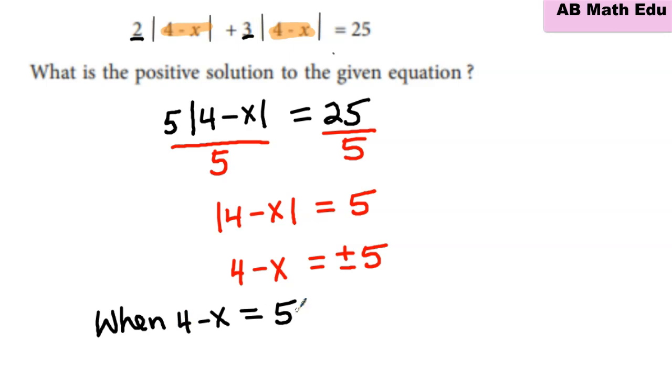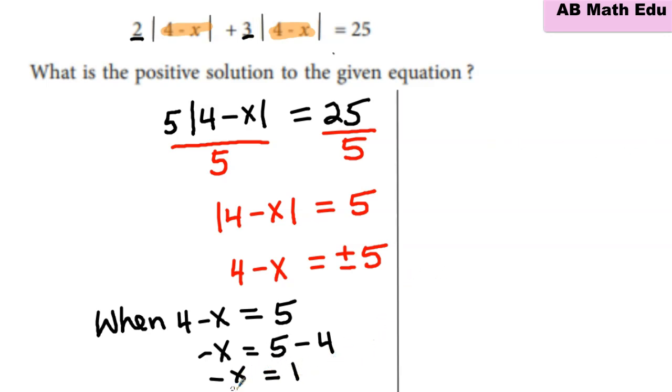So we will take the 4 to the other side, it becomes 5 minus 4, and negative x is equals to 1. But we are supposed to solve for x, not negative x, so we will divide both sides by negative 1, and if we do so, x is equals to negative 1.